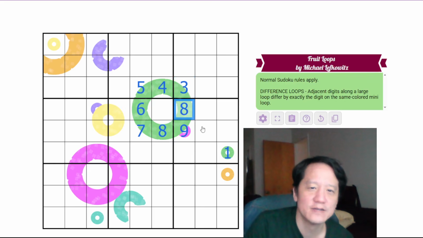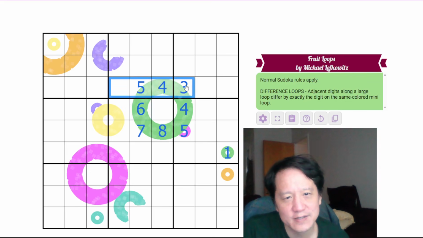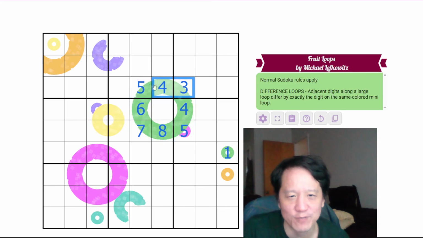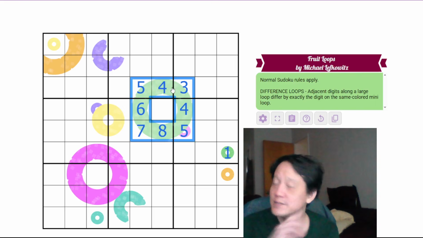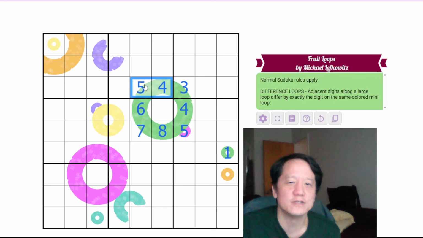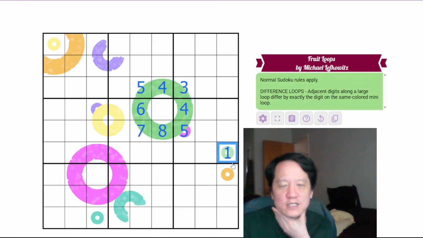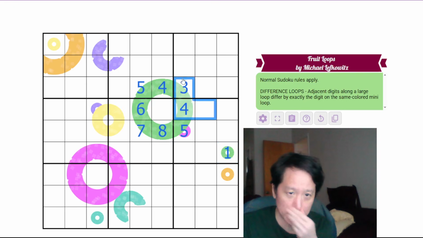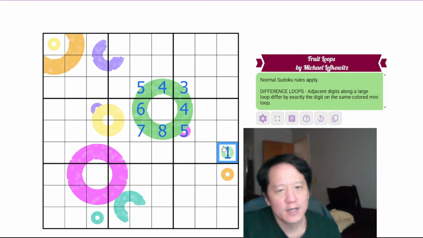Anyways, you would have to have a difference of 1 between these digits on this loop, if that were the case. That's an example of how these difference loops work. They have a difference of exactly the digit in the smaller version of that circle, the loop. And those are all the rules.